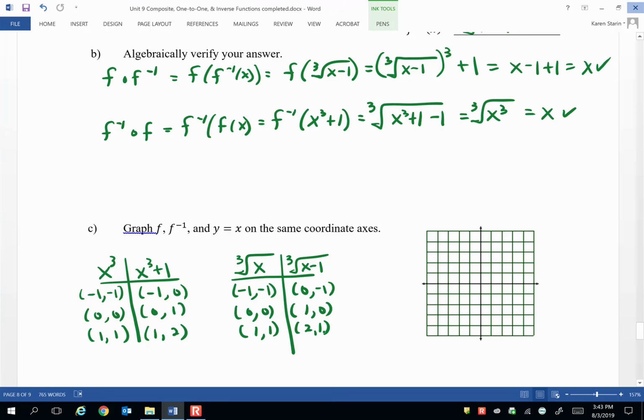So if we look at these on the same graph here to the right, remember we'll have this identity y equals x as our line of symmetry. So if we just graph these points, this is going to be f of x, and we know this is a snake curve, an S curve.